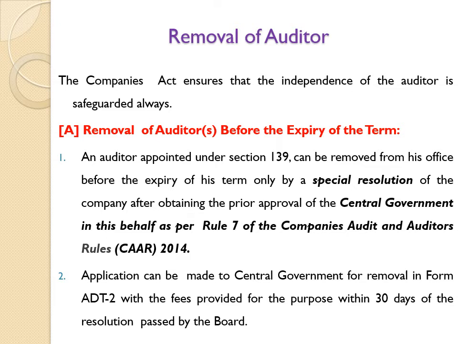Then we are focusing on removal of auditor. In what circumstances can an auditor be removed from working as an auditor? For that purpose, we are classifying the removal term into two parts. First part is removal of auditor or auditors before the expiry of the term.